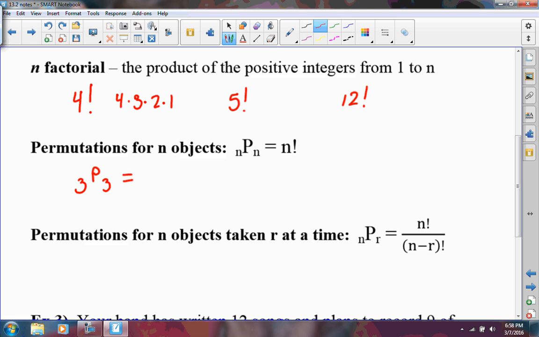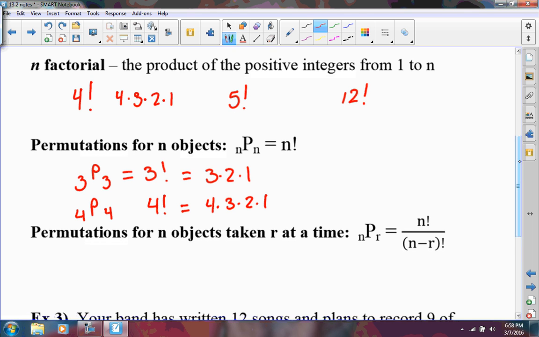That's the same as 3 factorial, and that's the same as 3 times 2 times 1. And if we had 4 factorial, which is 4 times 3 times 2 times 1, that we wrote with 4 exclamation point, and that would be 4 permutations. So we'd have 4 objects that we want to arrange into 4 spaces. That's kind of what that means.